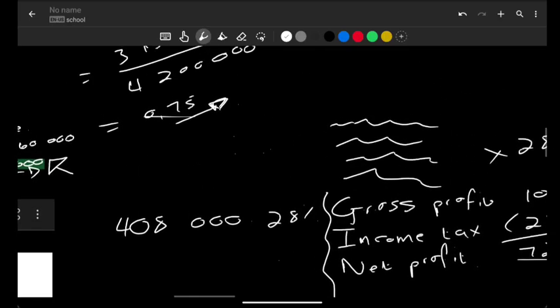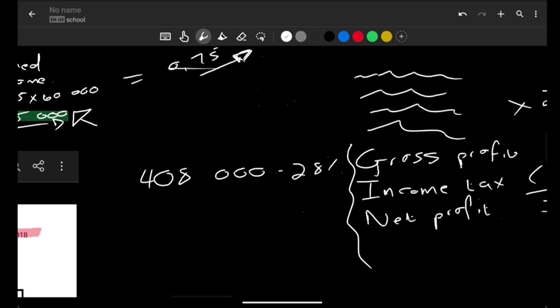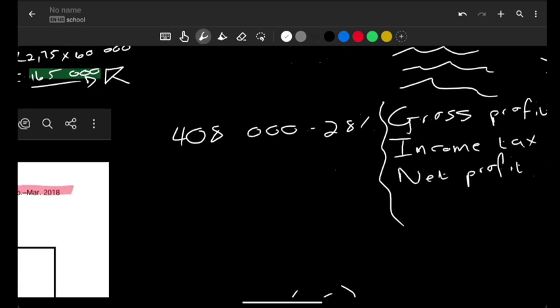Now, there's this thing where it's X representing what you have multiplied by what you want as a percentage divided by what you have as a percentage.